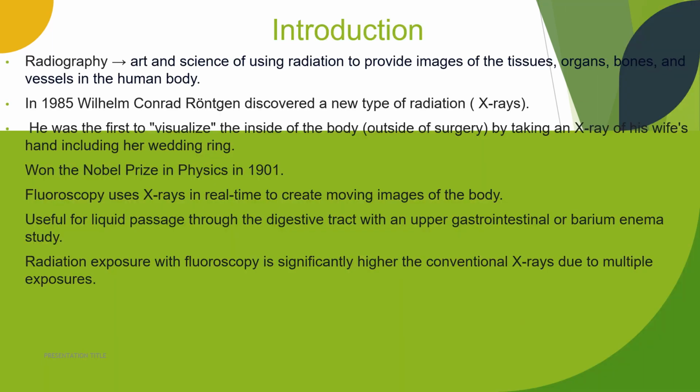All right, by way of introduction, radiography is just the art and science of using radiation to provide images of the tissues, organs, blood vessels, and bones in the human body without doing surgery. Wilhelm Conrad Röntgen in 1895, who we say is the father of radiology, discovered a new type of radiation which we called unknown.